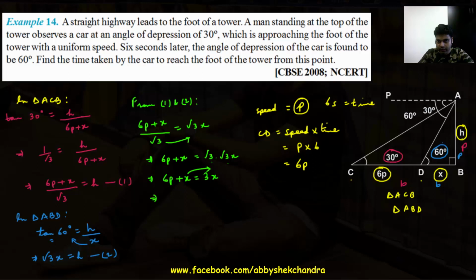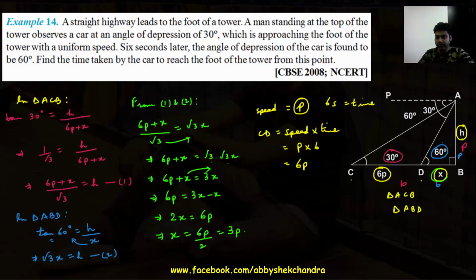Now this x, take it to the other side, so 6P will be equal to 3x minus x, or 3x minus x is 2x, and that will be equal to 6P. I just shifted the LHS to the RHS and RHS to the LHS, so this is what we'll get. I just wrote it the other way around. So x would be equal to 6P by 2, that will be equal to 3P.